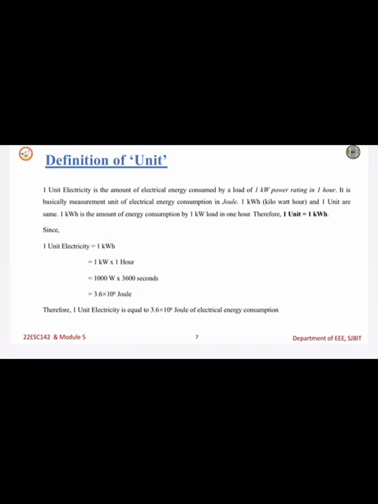Similarly, consider a ceiling fan which has 100 watts. If you use it continuously for 10 hours, it will be 100 watts into 10 hours, so 1000 watt hours, which is called 1 kilowatt hour, which is equal to 1 unit. That is what 1 unit is.